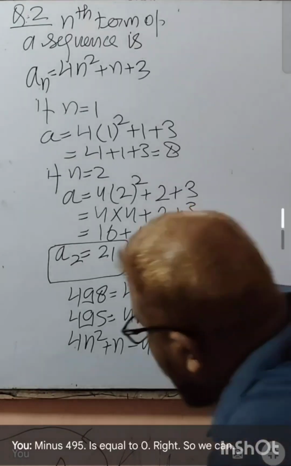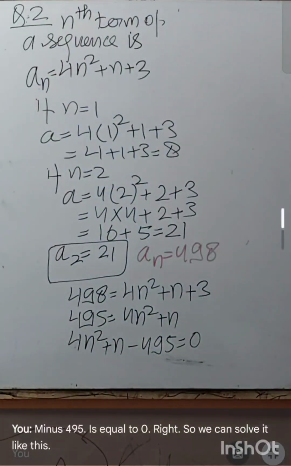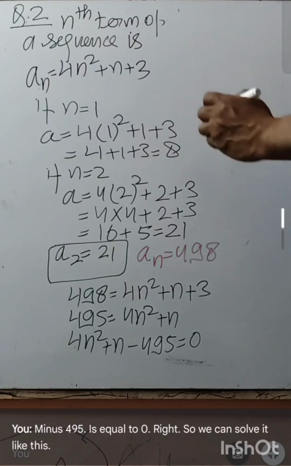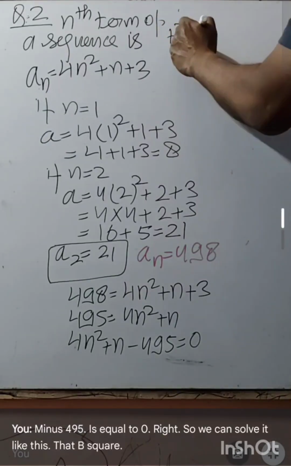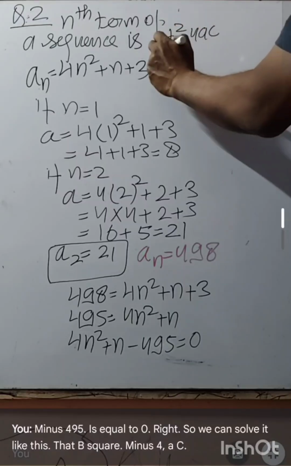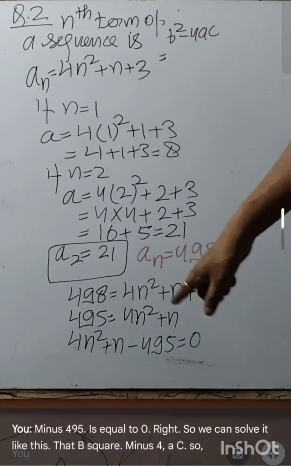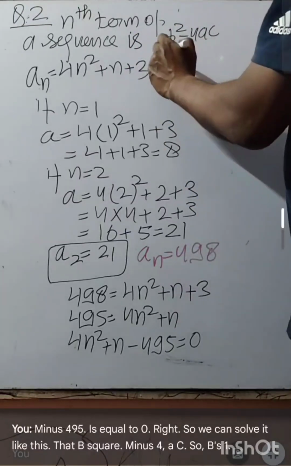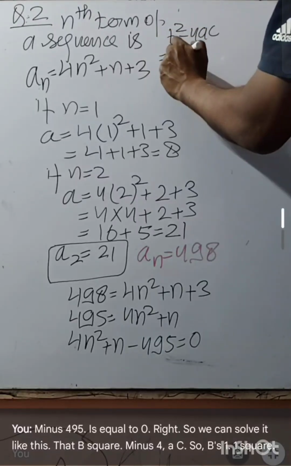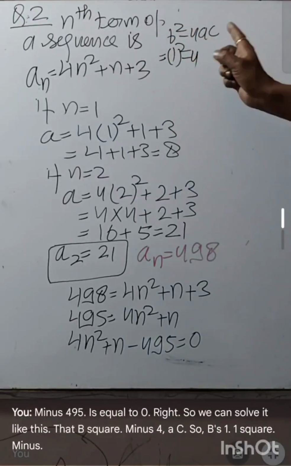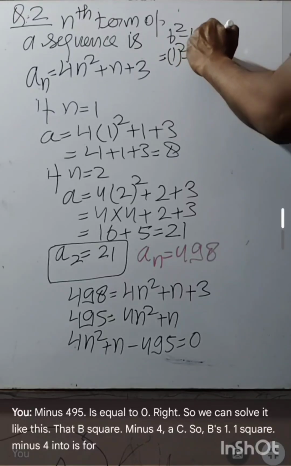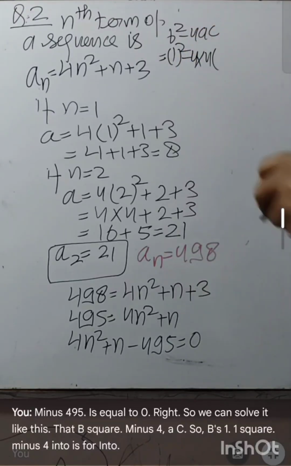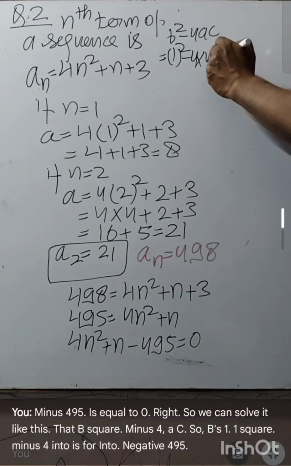So we can solve it like this, that b squared minus 4ac. So b is 1 squared minus 4 into a is 4 into negative 495. Getting?